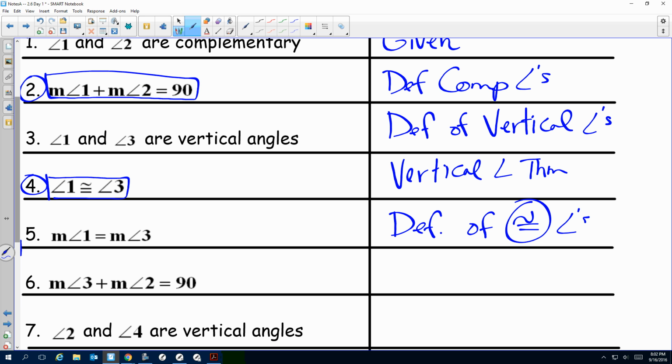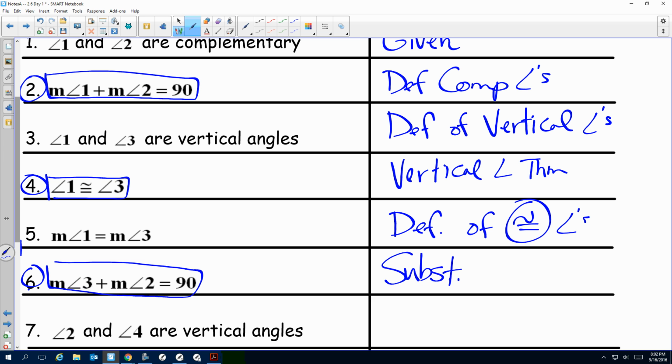Now I can say angle 3 plus angle 2 is equal to 90. I'm able to complete the statement by using substitution. I'm substituting the measure of angle 3 for angle 1 since they're congruent.